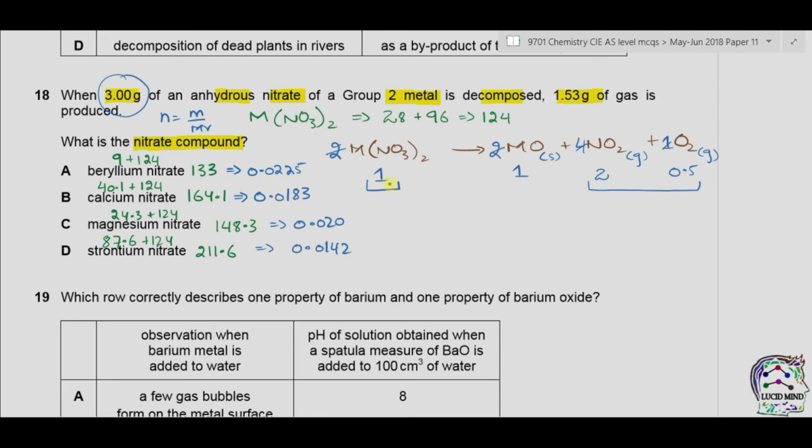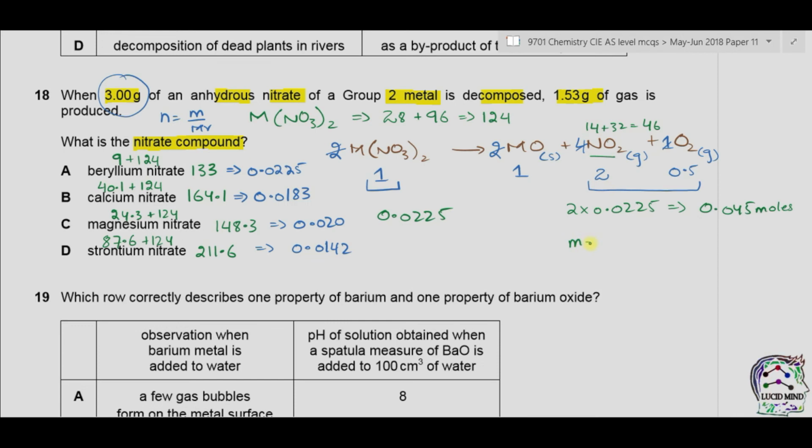Now, starting with the first one, we have beryllium nitrate, whose number of moles is 0.0225. As we know that for 1 mole, 2 moles of NO2 are produced. So for 0.0225, 2 into 0.0225 moles of NO2 will be produced, which is equal to 0.045 moles. Let's find the mass of NO2. The molecular mass is 14 plus 32, which is equal to 46.